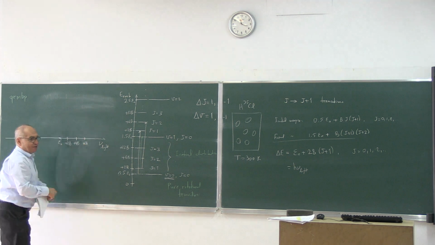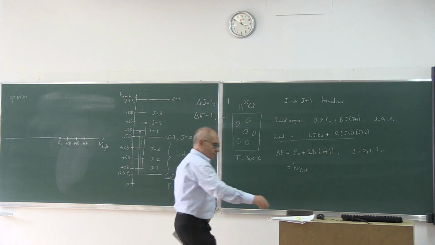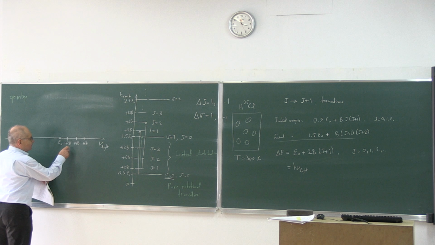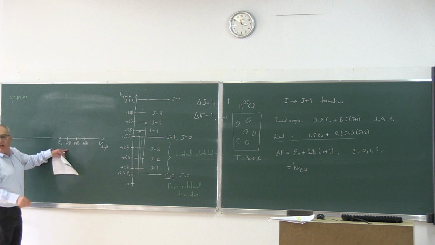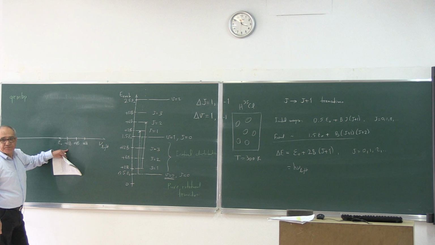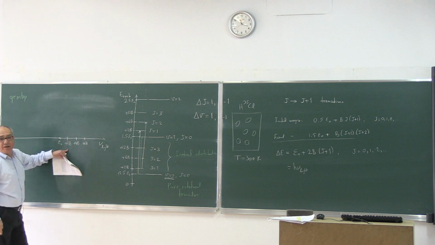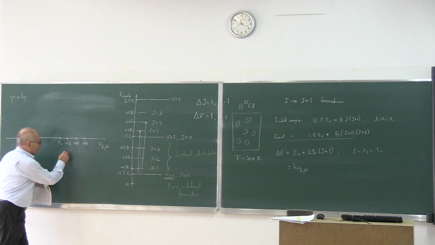Now let us indicate for this transition, what was the initial J? Which value for J did I put in that expression to get F0 plus 2B? J, that is the initial J. 0.